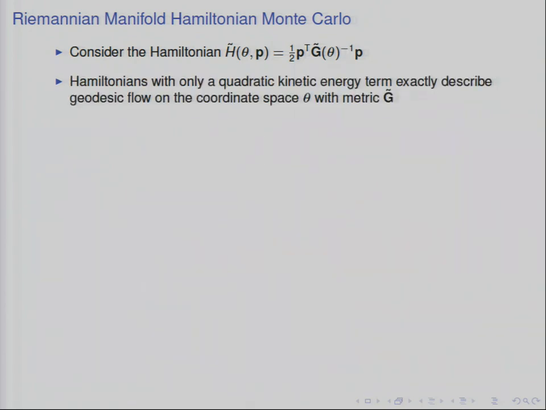So we're convinced that Hamiltonians comprised of only quadratic kinetic energy terms exactly describe the geodesic flow in the coordinate space. But our Hamiltonian looks like this. We have the log of our target distribution, and then we have the component associated with the auxiliary variable.